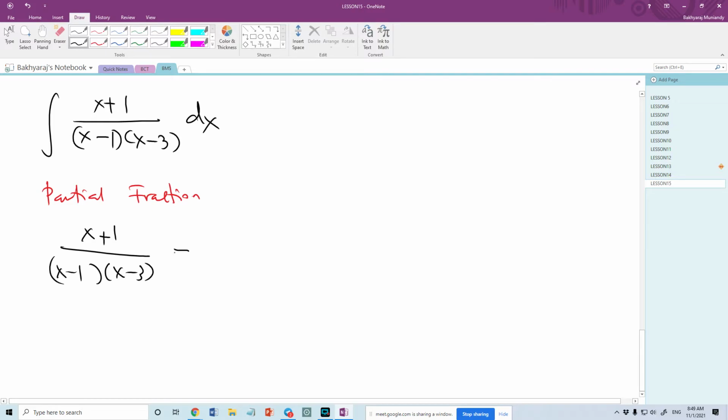And what form is this? This form will give you a over x minus 1 plus b over x minus 3. Okay, since still we are in the beginning stage, so I give you a simple problem now. Okay, so what is our numerator? So numerator is x plus 1.